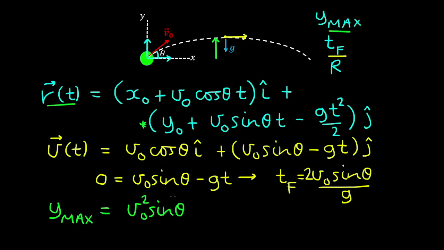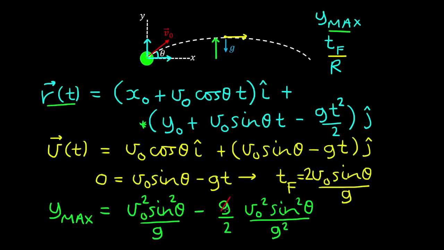So that will give v naught squared sine squared theta on the gravitational acceleration minus g on 2 by t squared. So we have v naught squared sine squared theta on g squared. So if we cancel out one of these g's, then we get y max is v naught squared sine squared theta on g by 1 minus a half. So that gives v naught squared sine squared theta on 2g.